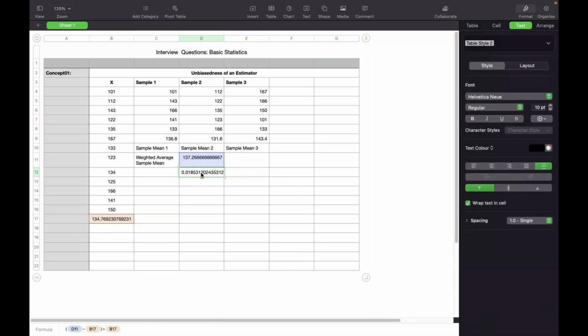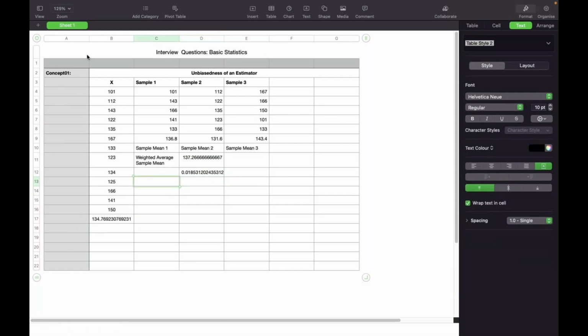The difference is 1.85%. So one thing you can see is that if I increase the number of samples more and more and I take more and more sample means, the weighted average of the sample means should tend to the population average, right?